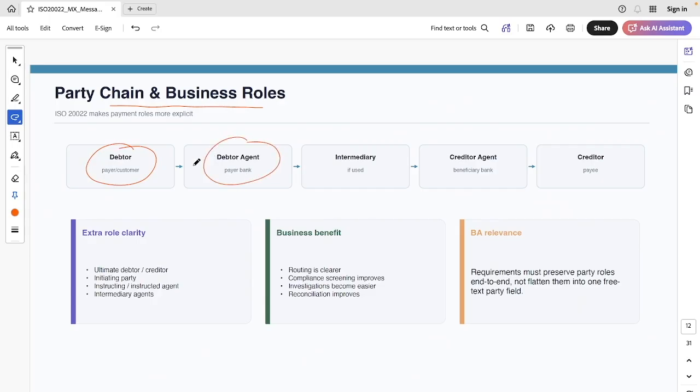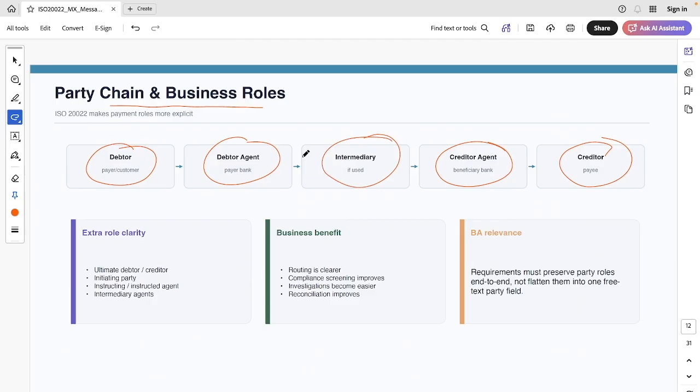The debtor agent is usually the debtor's bank. The creditor is the beneficiary who is going to receive the money. The creditor agent is the beneficiary's bank. Depending on the route, there may also be intermediary agents.